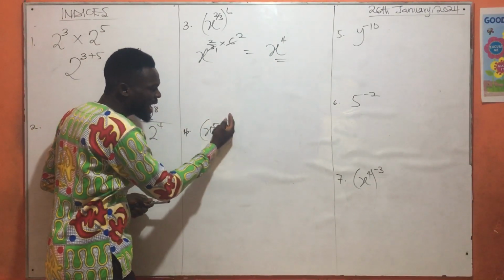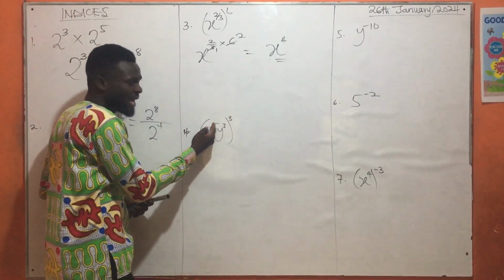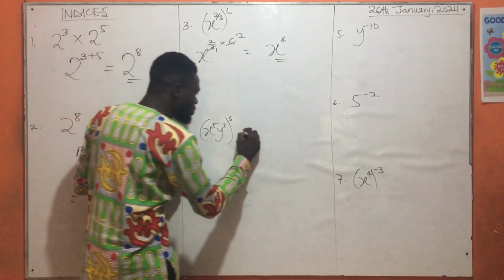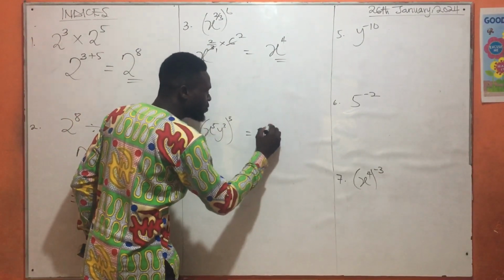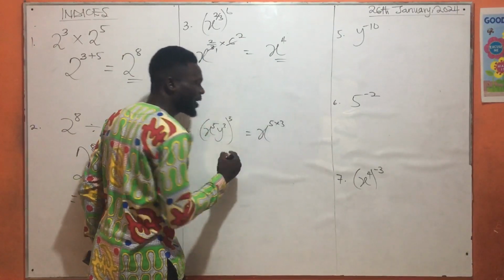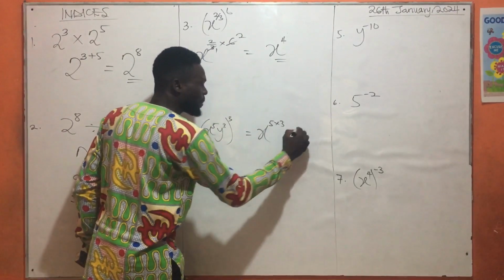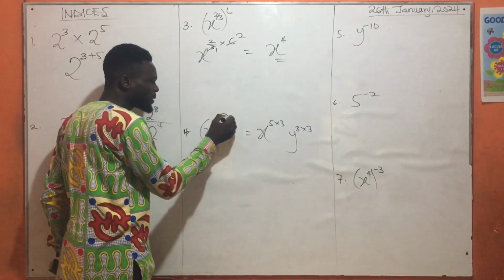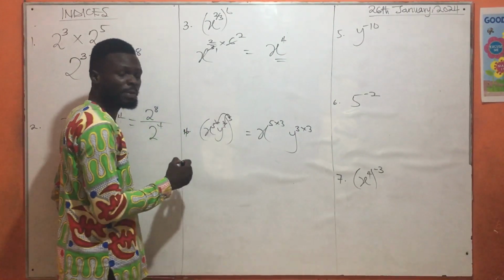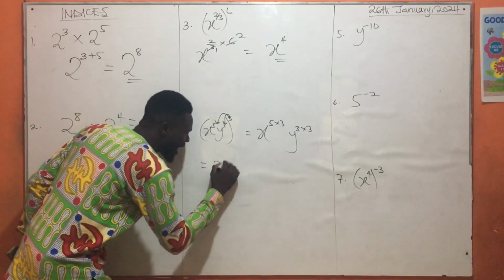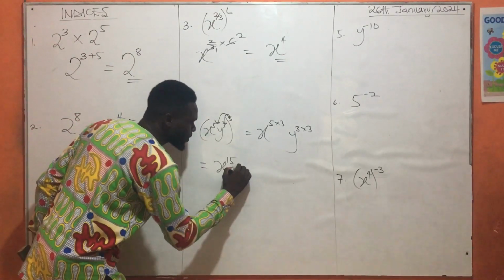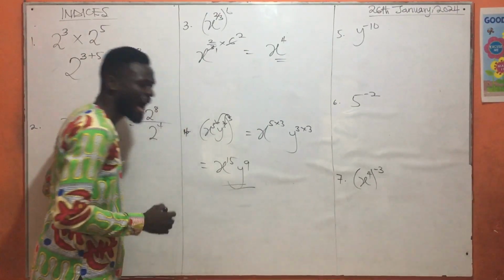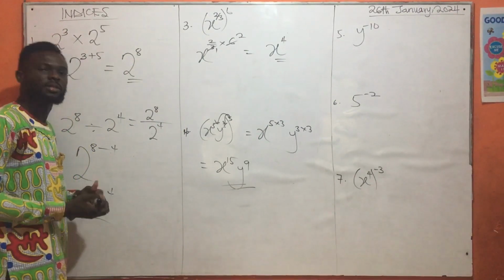So the power here will multiply this power, and the same power will multiply the other power. So this is going to give you x raised to the power 5 times 3 and y raised to the power 3 times 3. So we are going to get x raised to the power 15, then y raised to the power 9, and this gives us our answer.